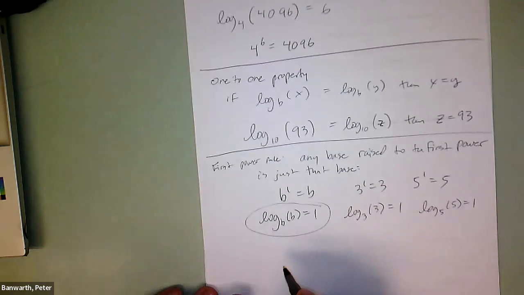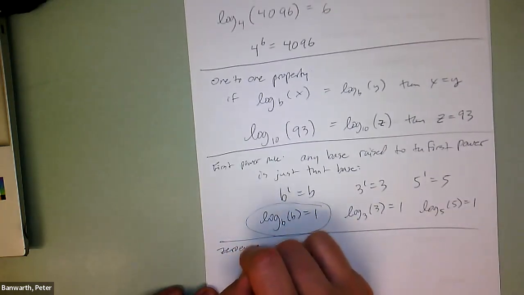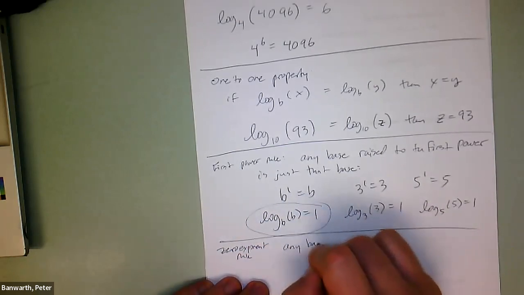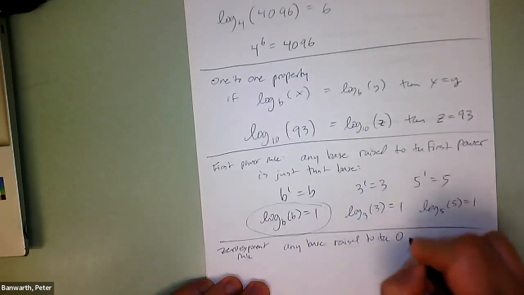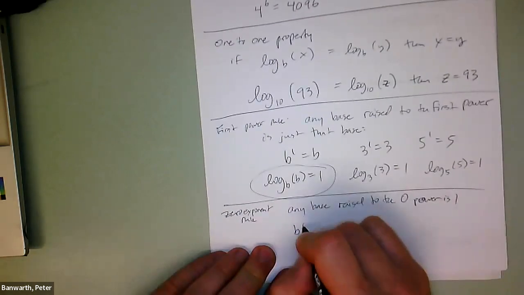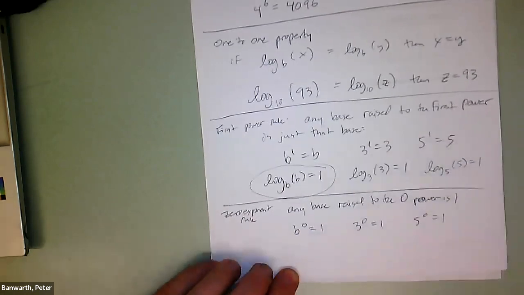And the last one is the 0 exponent rule. And that's just any base raised to the 0 power is 1. And again, we know that b to the 0 equals 1, 3 to the 0 equals 1, 5 to the 0 equals 1.